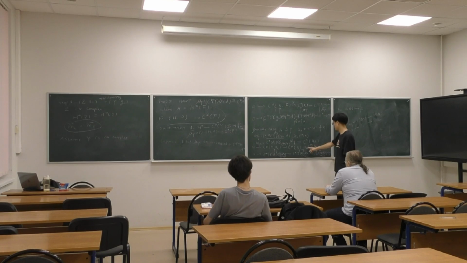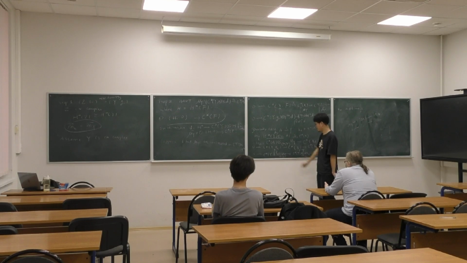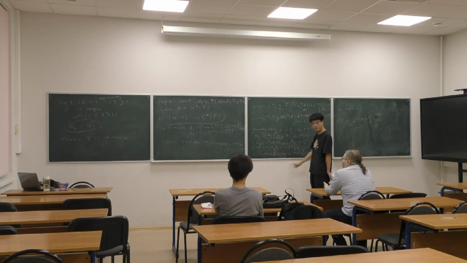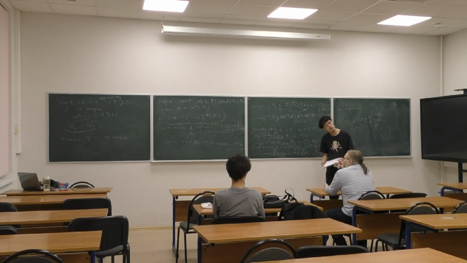You have this commutative diagram, and then you will have a morphism. Hold on, that's one more thing. Here we assume that X to Y is a fibration.